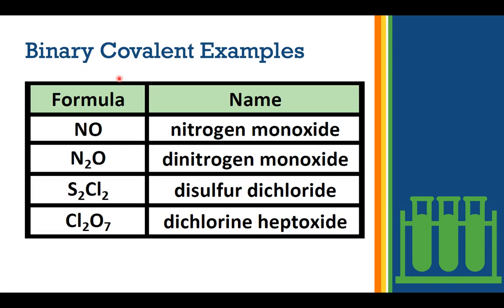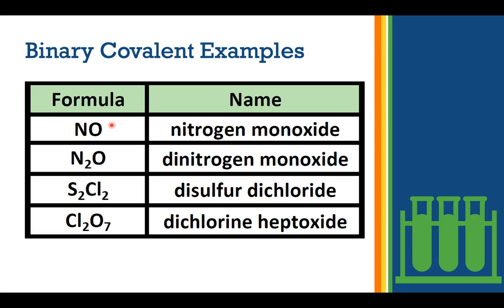Here's some more binary covalent compound examples. Here are our formulas. So remember our chemical formulas, okay? These are our names. Because we can't say mono nitrogen, mono oxide. Remember, that is a no-no. Haha, I did not mean to do that, but it's a no-no, okay?